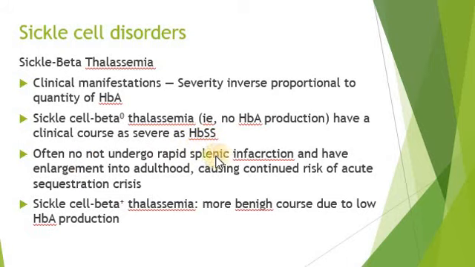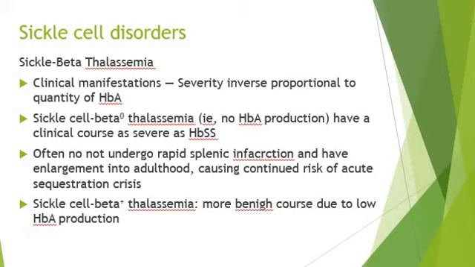However, there is no rapid splenic infarction, and there may be enlargement in adulthood. Sometimes sickle cell beta thalassemia has a more benign course due to low production of HbA, meaning sometimes there is a little HbA, so depending upon the severity we have to see what type of thalassemia it is.